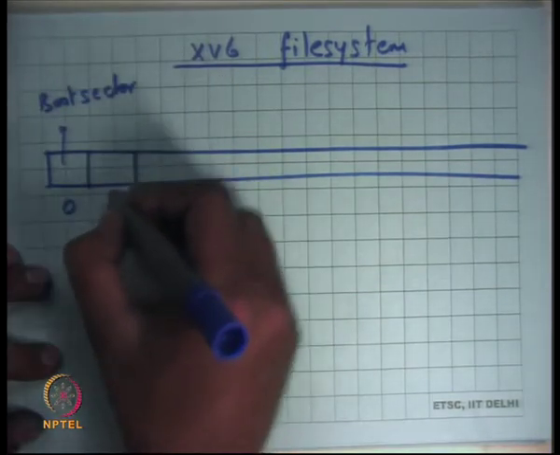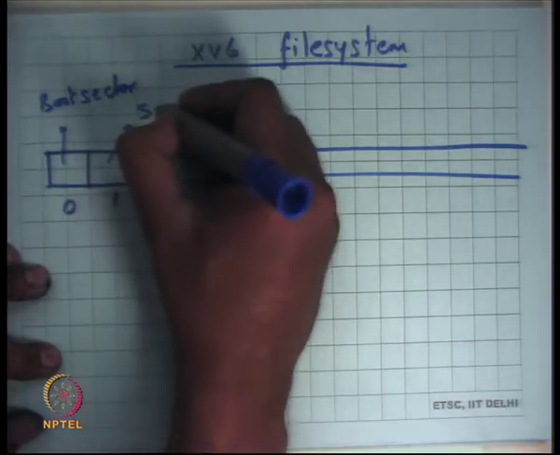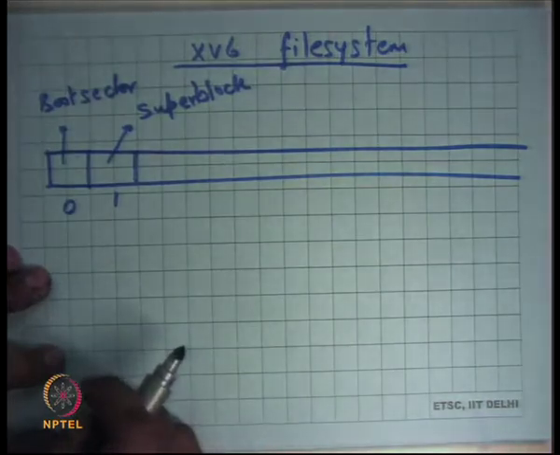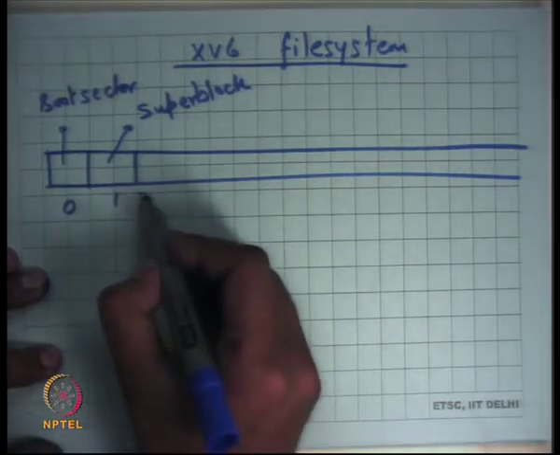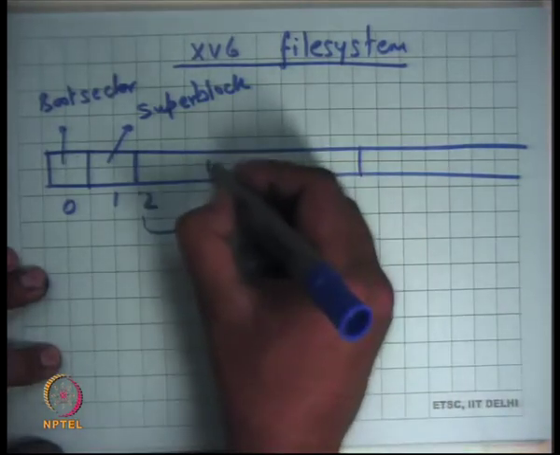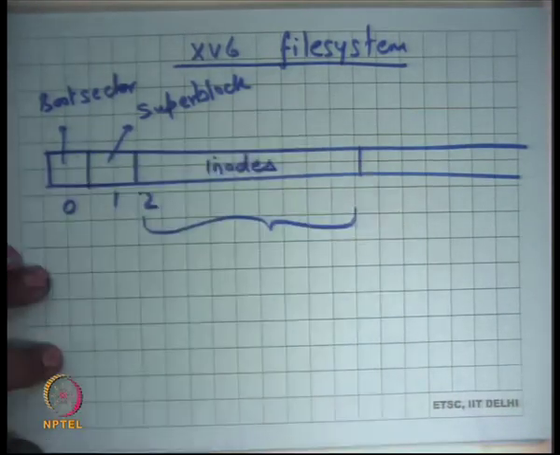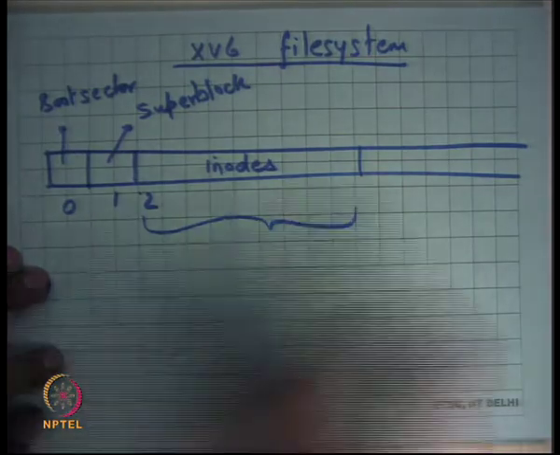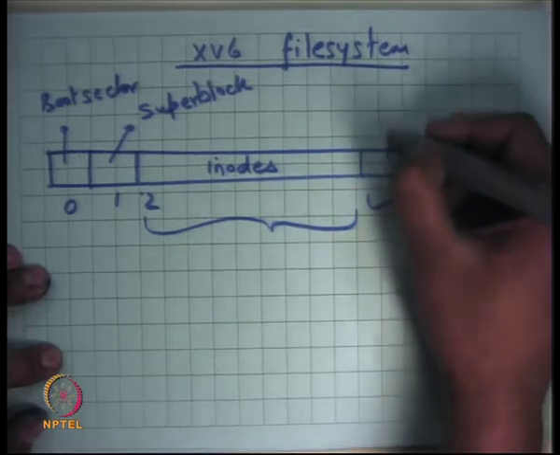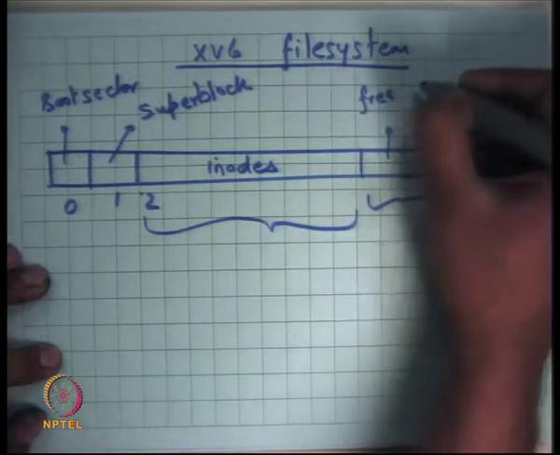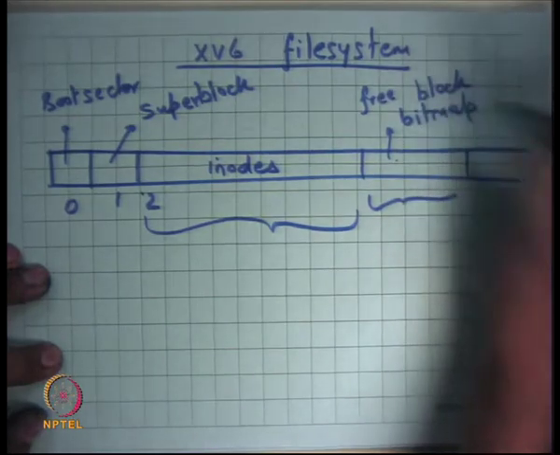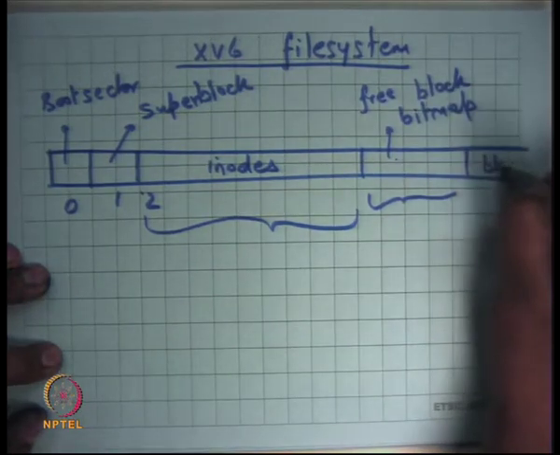This is block 1, that's the super block, right, and then from block 2 to some number they have inodes. Okay. Then till some point they have what's called a free block bitmap, and then you have the blocks themselves.